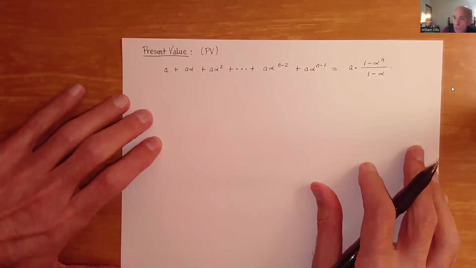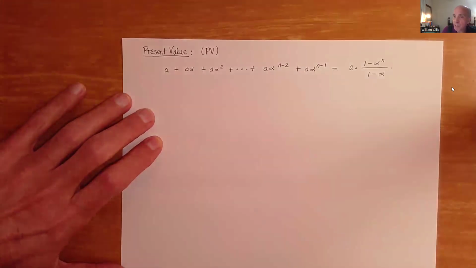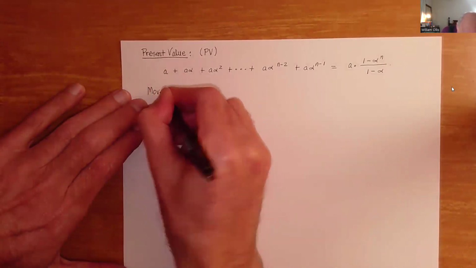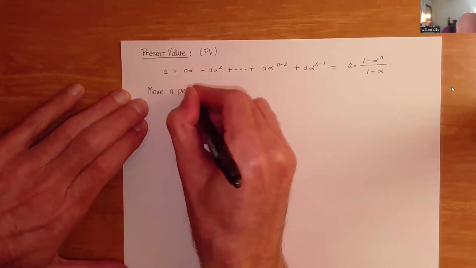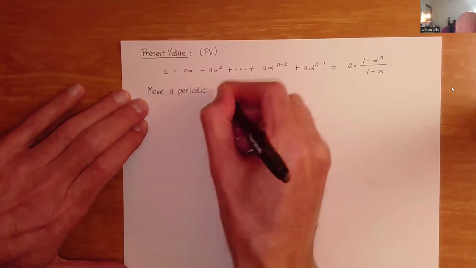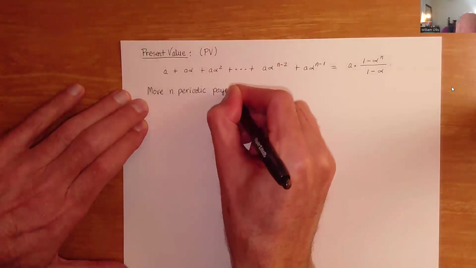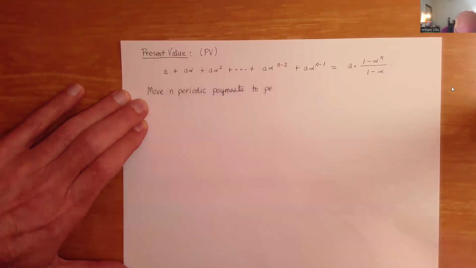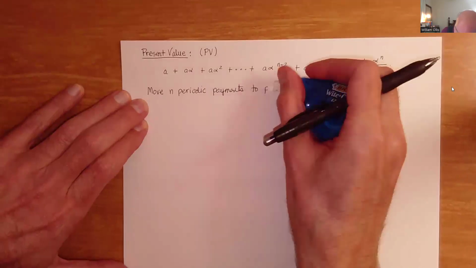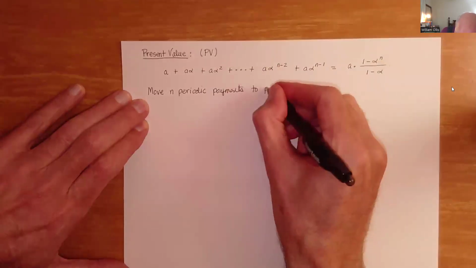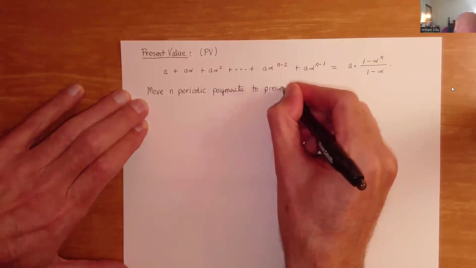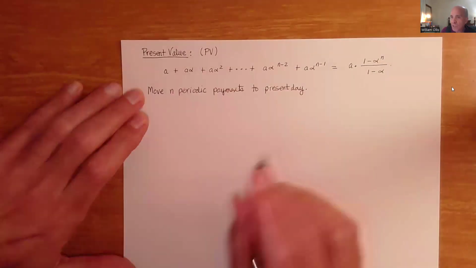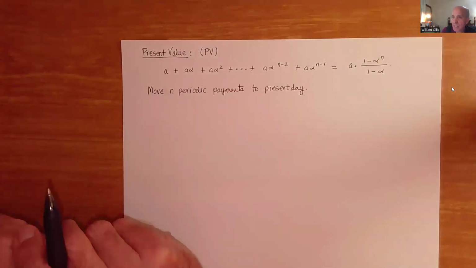Now what we want to do is to move in periodic payments, and we'll use R again, to present day. Again, this construct, though abstract, is exactly what we do. So the abstraction of mathematics works in so many different areas.